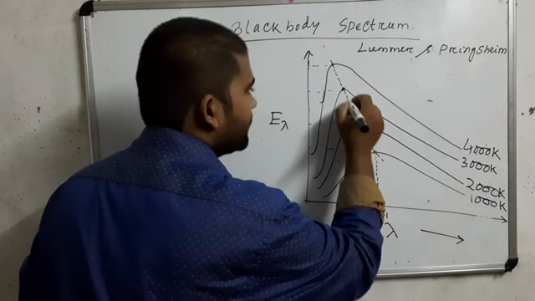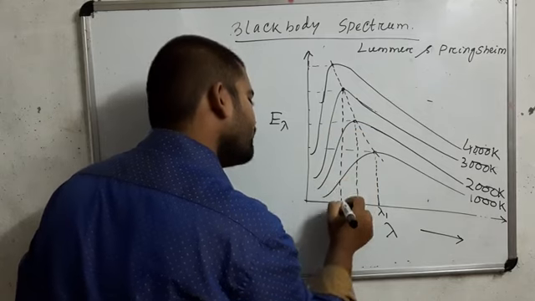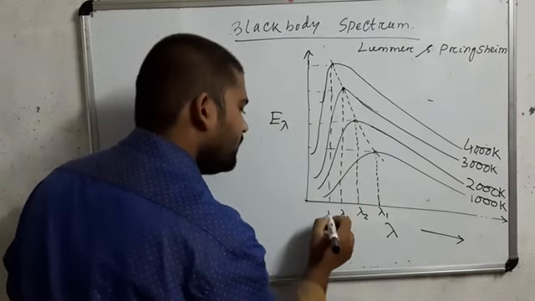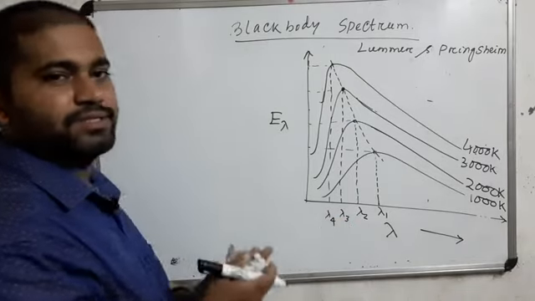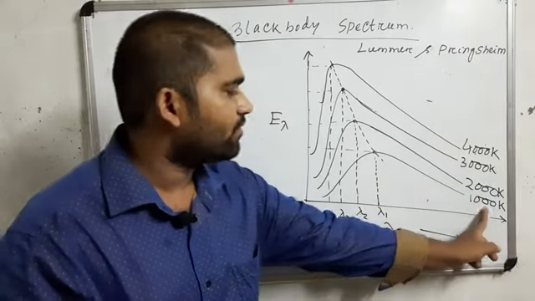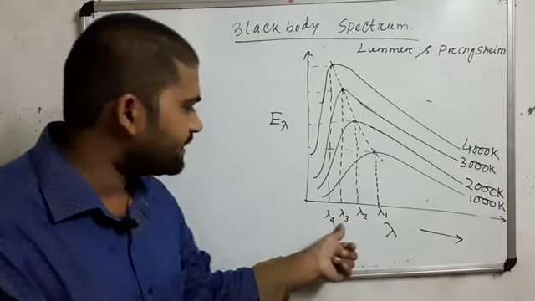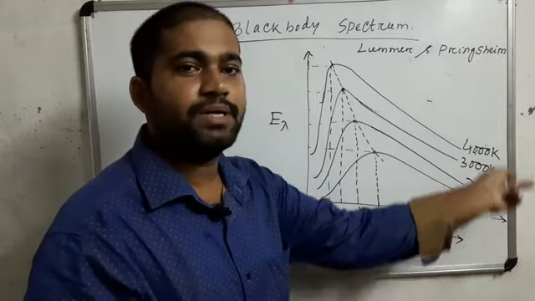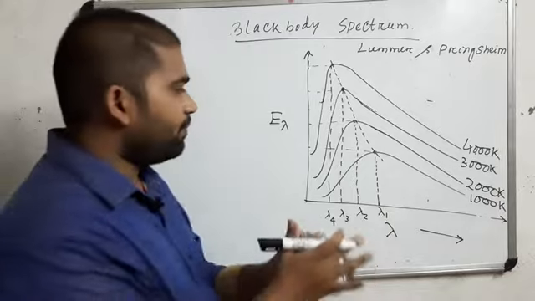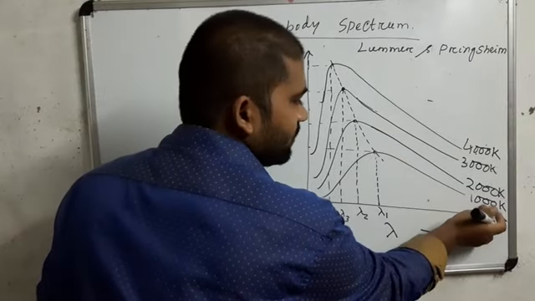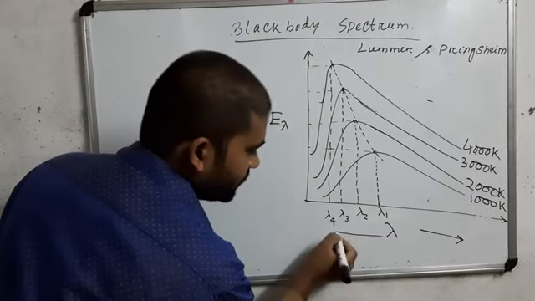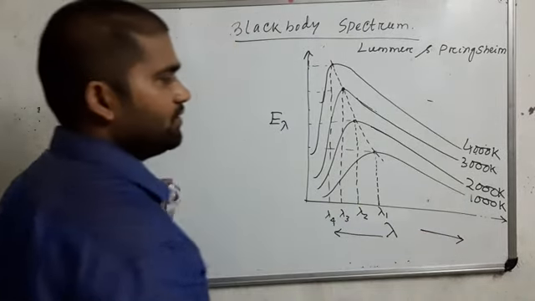This is lambda 2, this is suppose lambda 3, and this is lambda 4. What does it mean? The wavelength corresponding to maximum energy state at a constant temperature gradually decreases with the rise of temperature.